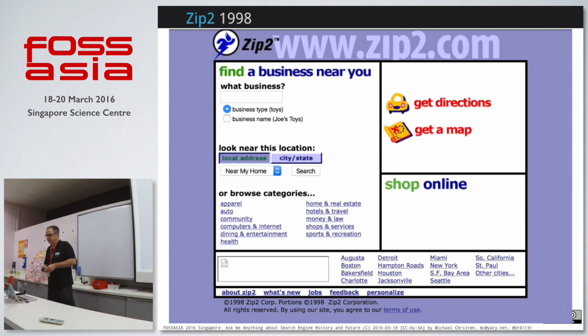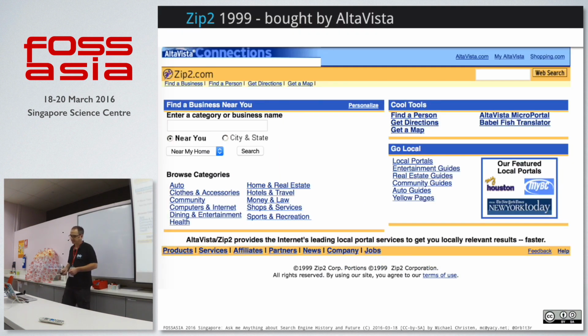And later on created PayPal with this money, and PayPal was sold, and Elon Musk then founded SpaceX and Tesla. So this web page may be the root for the cause that people will settle on Mars and humanity becomes a multi-planetary civilization. So this is the beginning, and it was just yellow pages on the web. He had the idea to put all the information from the yellow pages into a search engine, and not to browse into yellow pages, but search into the yellow pages. Yeah, it was bought by Alta Vista, not Yahoo.